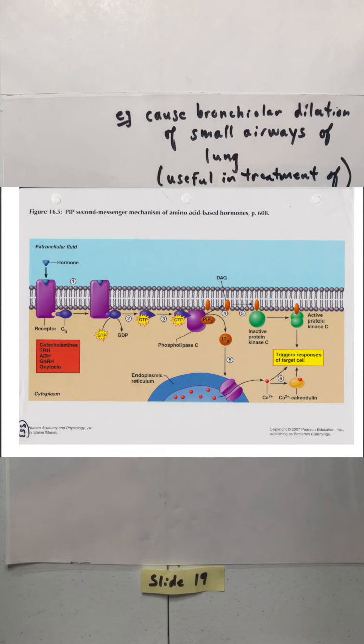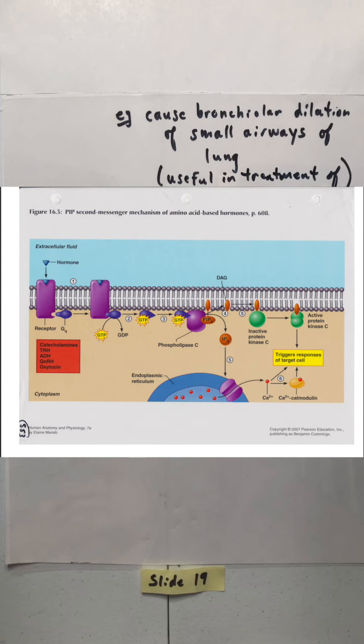Now the DAG, the diacylglycerol, remains in the cell membrane there, but activates a neighboring inactive protein kinase C. So here we go, activating another protein kinase called protein kinase C. That active protein kinase C then triggers phosphorylation of other substances in the cell and various effects.